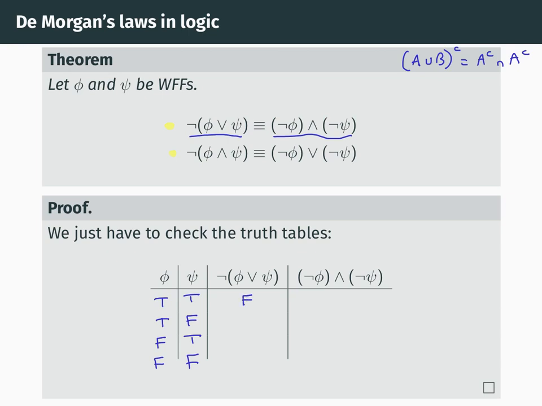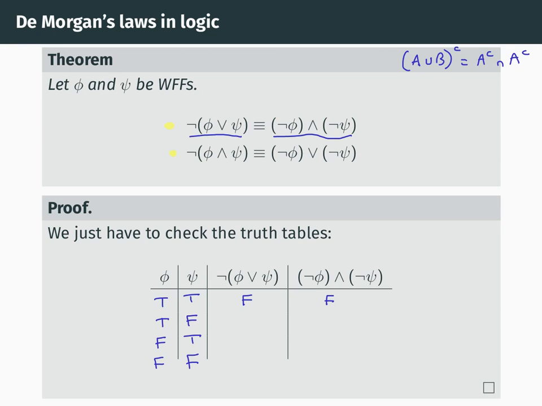On the other hand, the negation of phi will be false and the negation of psi will be false, so certainly the negation of phi and the negation of psi will be given the value false. And you can see that in this case, in the first of our four cases, the two formulas were given the same truth value. They were both false.